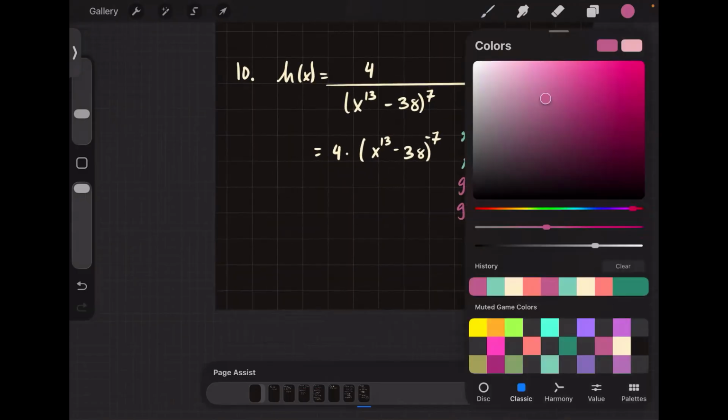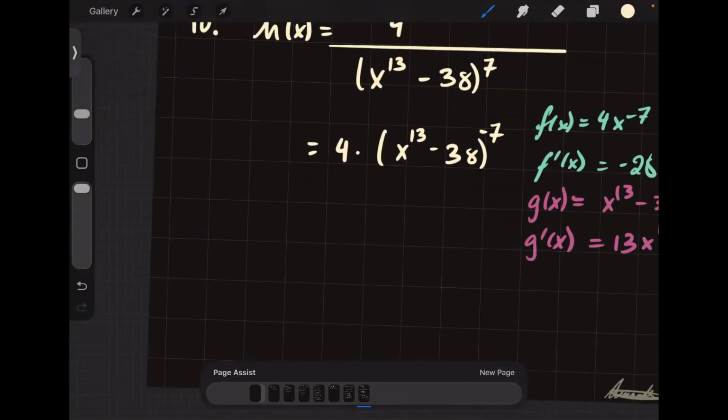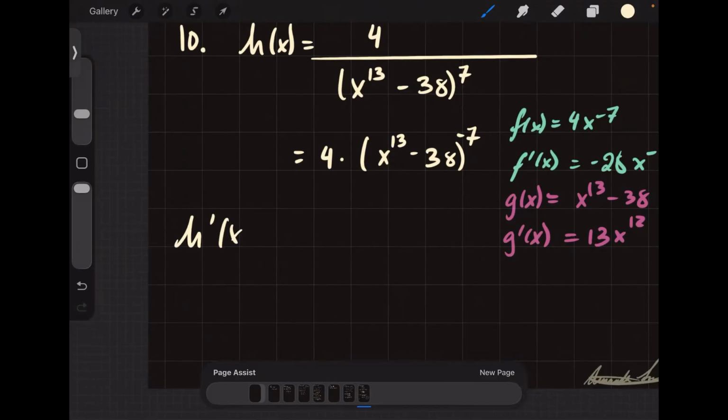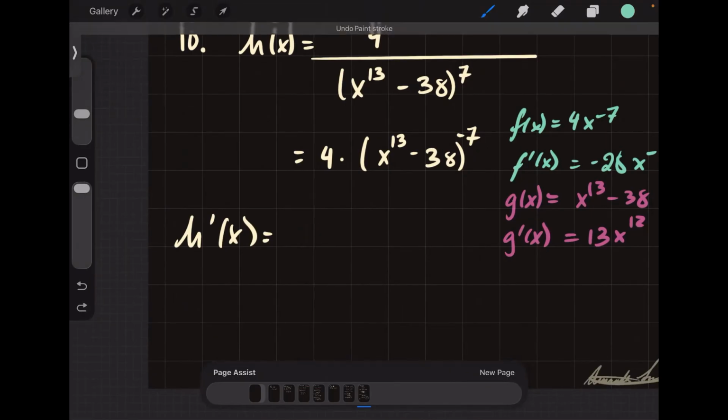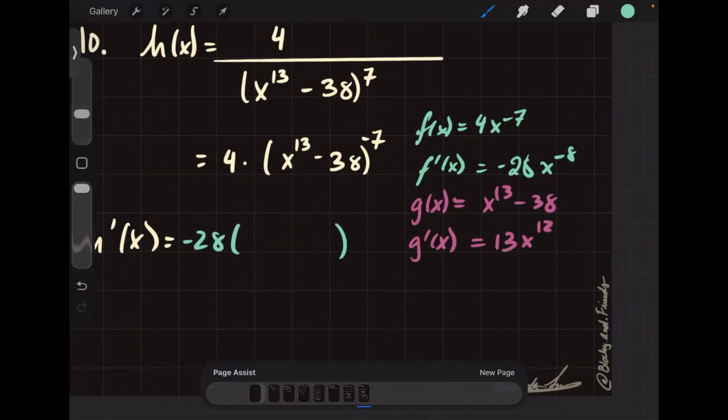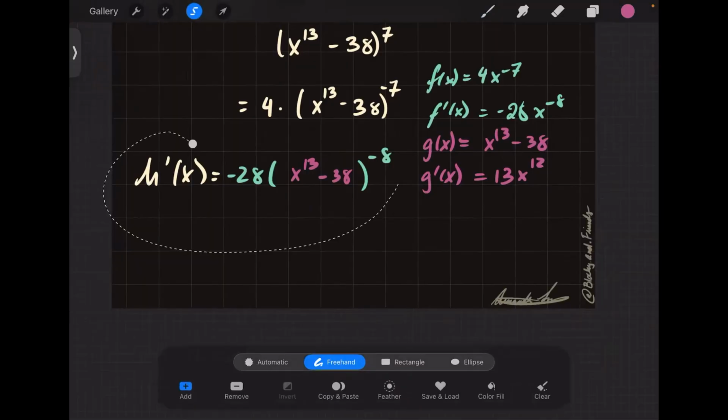Easy money. Because then you can just say, h prime of x is equal to negative 28 times (x to the 13th minus 38) to the negative 8, normal inside, right?